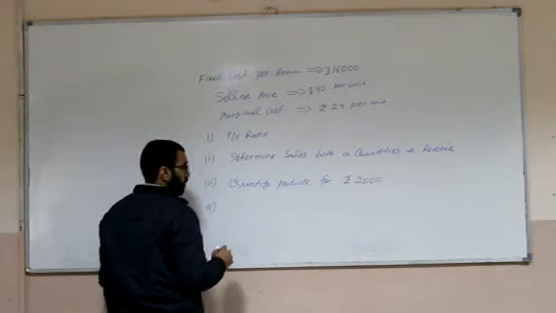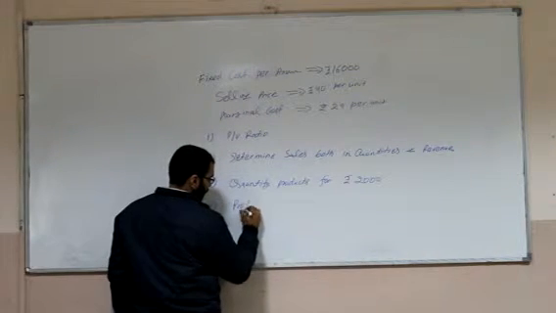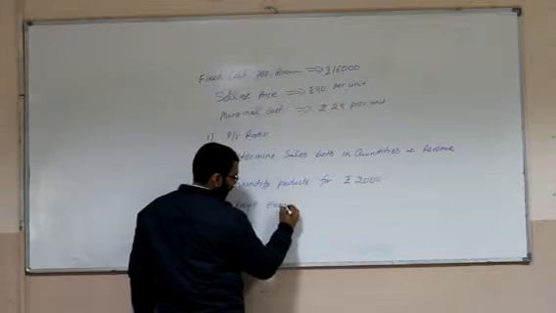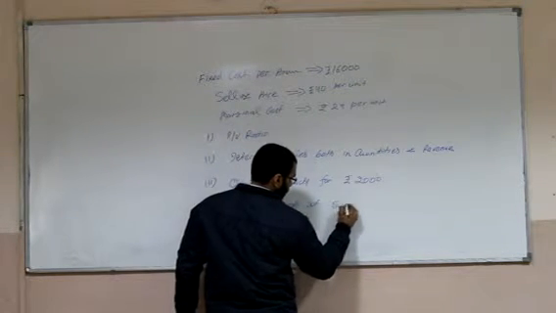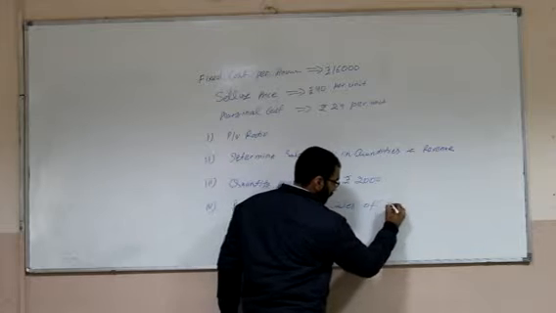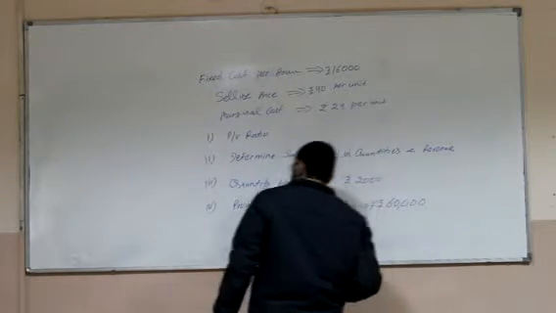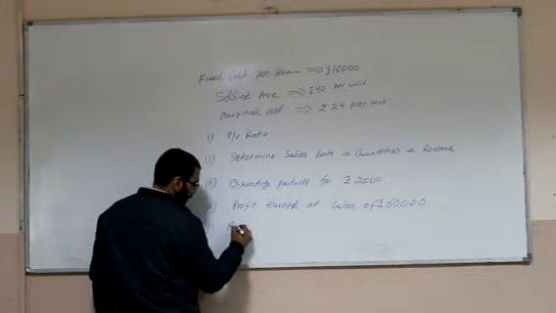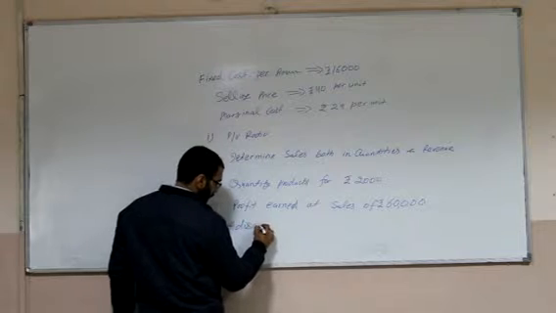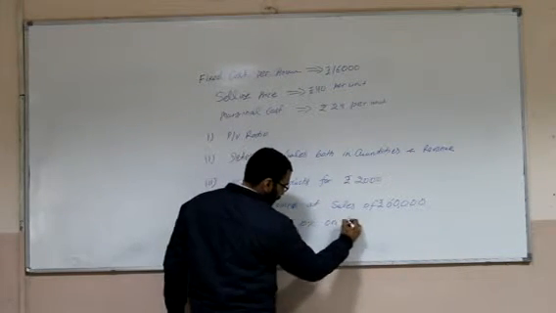Fourth question is the profit earned at sales of 60,000 rupees. And fifth, last, is a discount of 10% given on New Year's Eve.